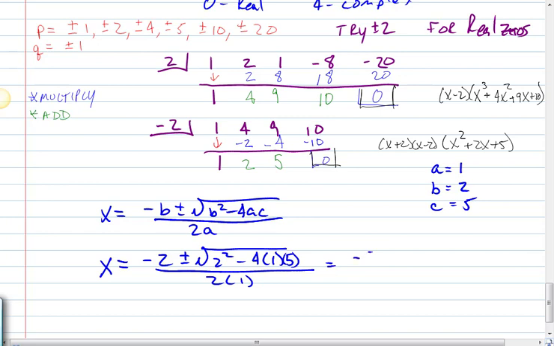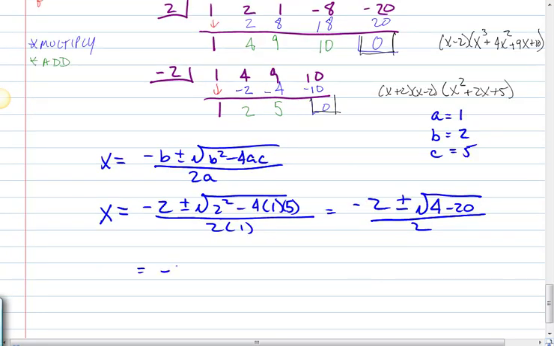This simplifies into negative 2 plus or minus the square root of 4 minus 20, all over 2. So we get negative 2 plus or minus 4i, because this is negative 16. The square root of negative 16 is 4i, all over 2. So that's going to simplify into negative 1 plus or minus 2i.